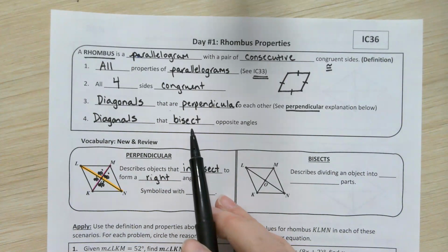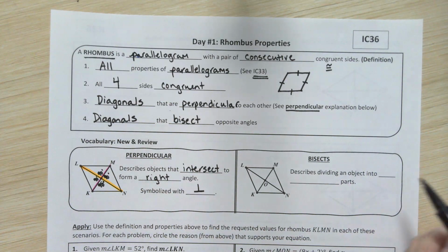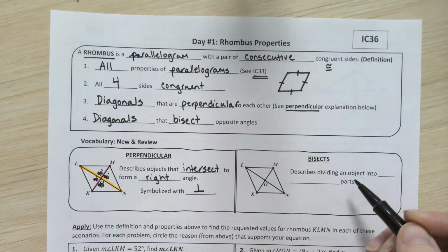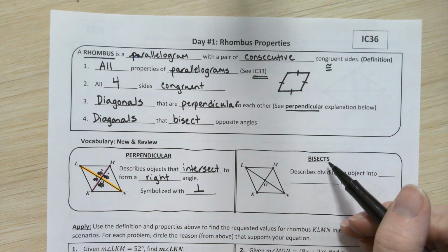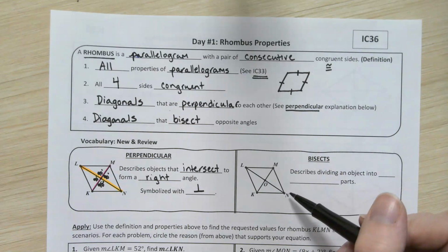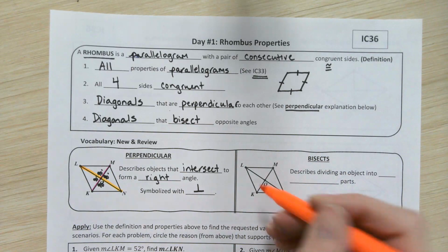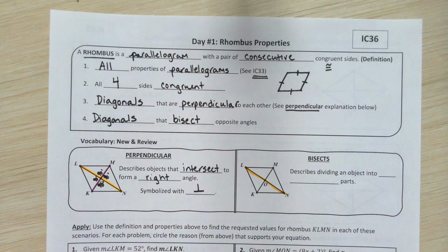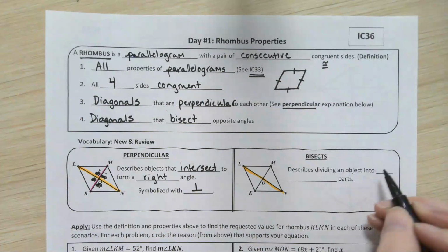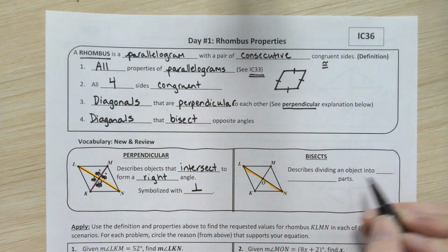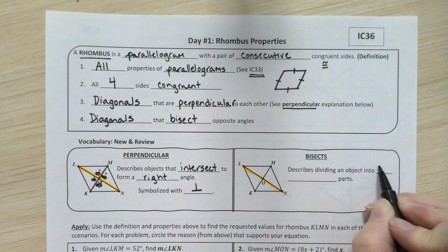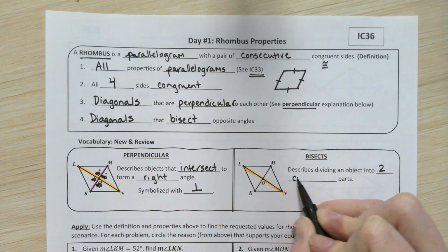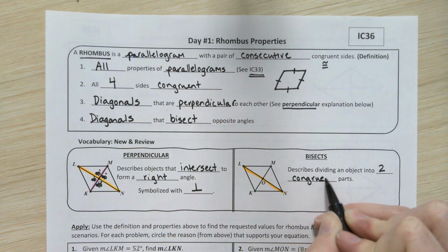That fourth property brings back another vocabulary word that has a couple different meanings now. So we're going to talk about the idea of bisect in the context of a rhombus. So if we reread that statement, it says that the diagonals bisect the opposite angles. So what we know about bisect in general is that it describes dividing an object into two congruent or equal parts.